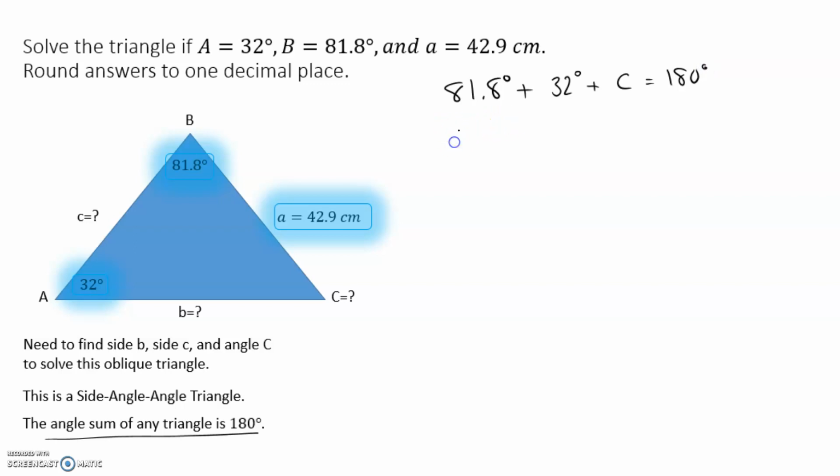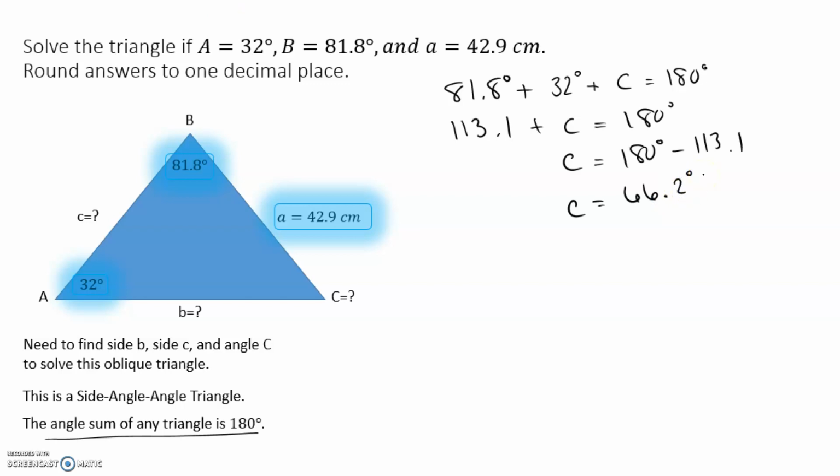So that's going to give me 113.8 plus C is equal to 180. And then C will be equal to 180 minus 113.8, and that will give me 66.2 degrees. Okay, so now all that's left is to find c and b.